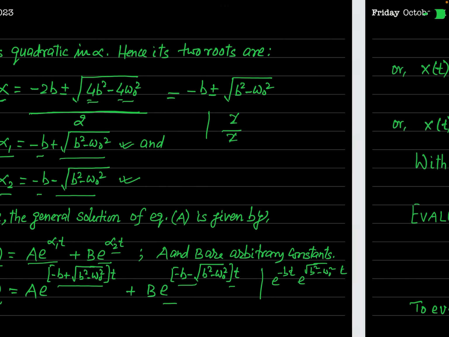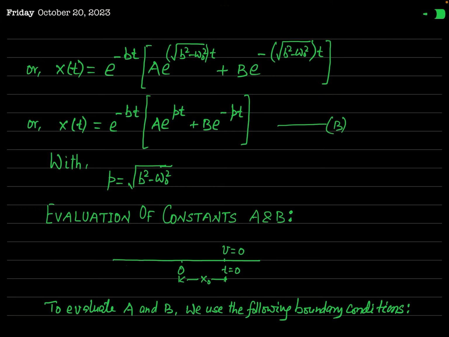So e to the power minus bt can be taken as a common factor, and you can write that x of t is equal to e to the power minus bt times a times e to the power square root of b square minus omega naught square times t, plus b times e to the power minus square root of b square minus omega naught square into t.